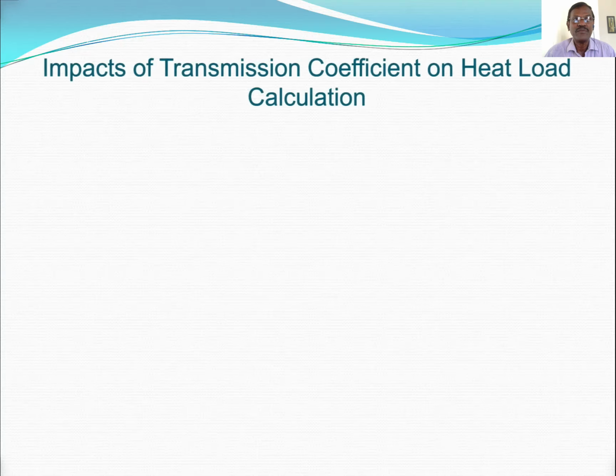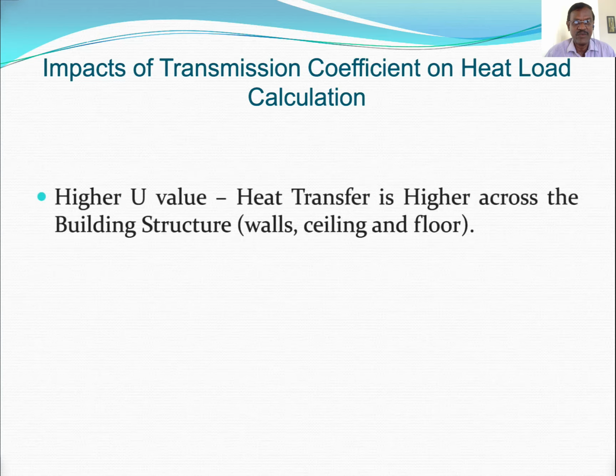And now the impacts of the transmission coefficient. As I told you, the higher the U value, that is when the U value is coming closer to 1, the heat transfer rate across the building structure is high.